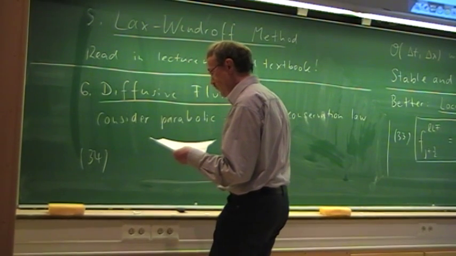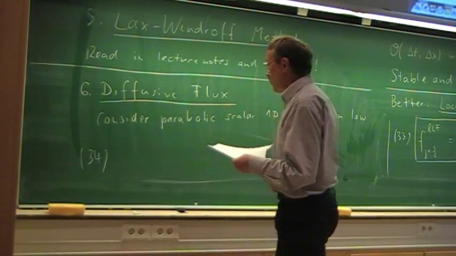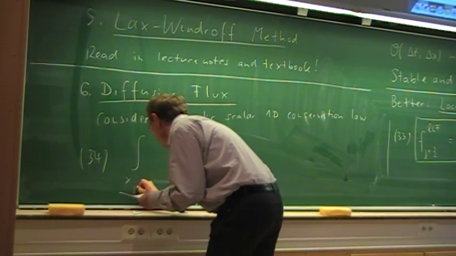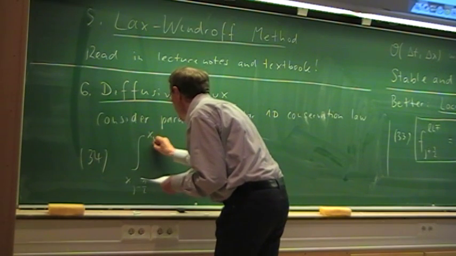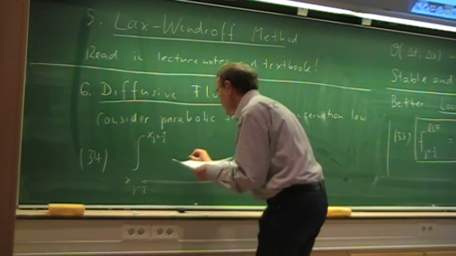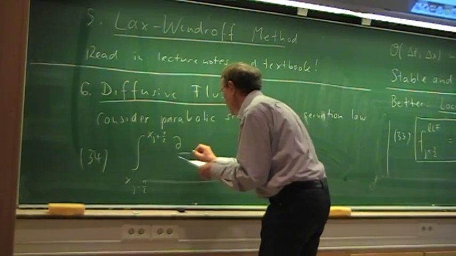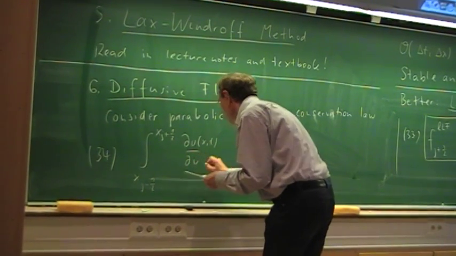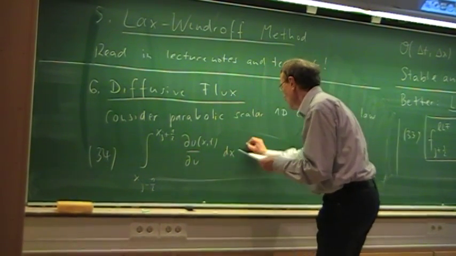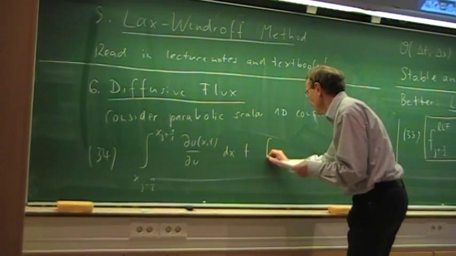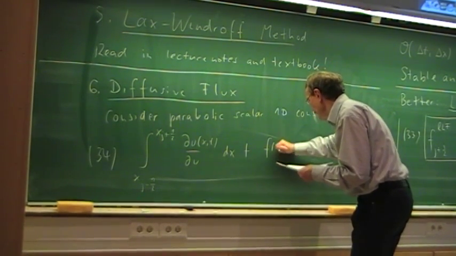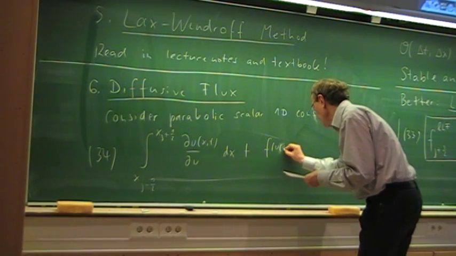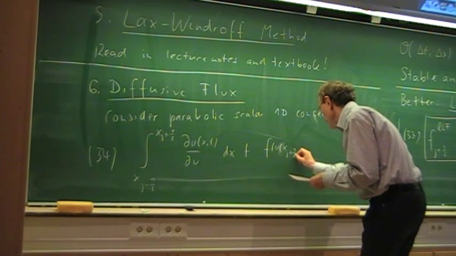Let's see if we jump here in the notation. It would be 34. So we have again our control volume, say control volume j from x_{j-1/2} to x_{j+1/2}. We integrate the u, which is dependent on x and t. We integrate that over x. And we have fluxes. We have a flux f of u at x_{j+1/2}, t.